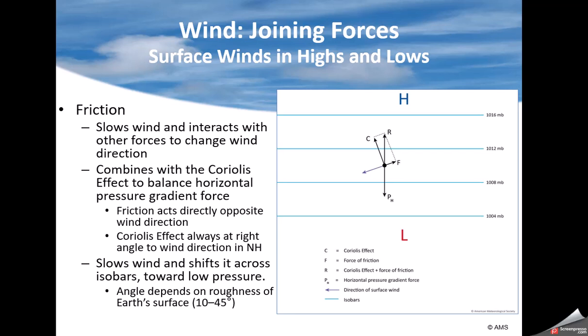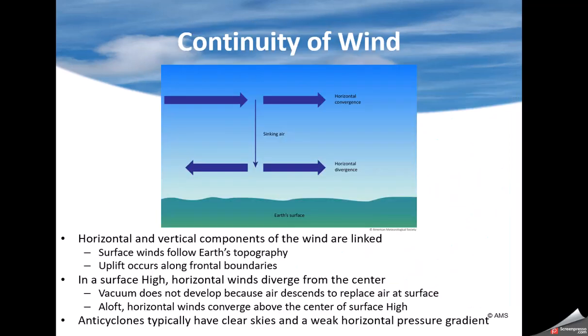It's going to be a little less. So that is what allows the winds to move inward towards a low pressure and outwards away from high pressure. The impact of friction is that. Without friction, we wouldn't have that nice convergence in the low and divergence in the high.